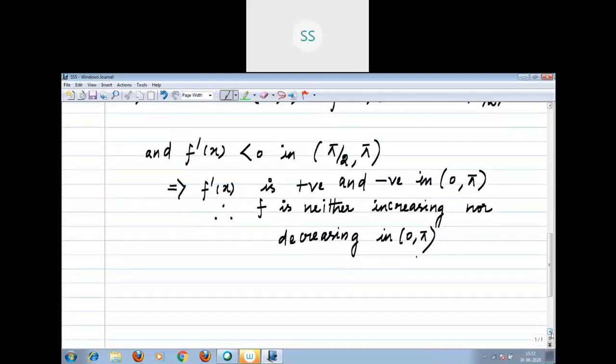Question number 4. You see, it is a different question, right? You have to listen carefully. Question number 4. Find the intervals. Up to the third question, you have no difficulty because the interval is given.